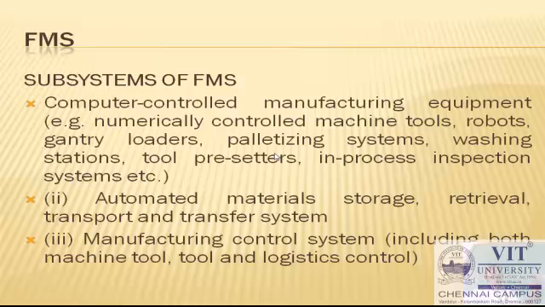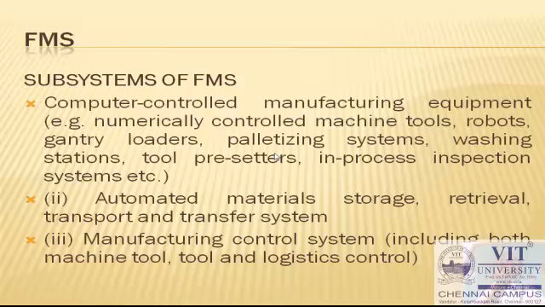And also an ASRS system. ASRS means automatic storage and retrieval system. For a particular component, whatever tools are required will be retrieved from the ASRS system. If they are not required, they will be automatically stored in their particular places.